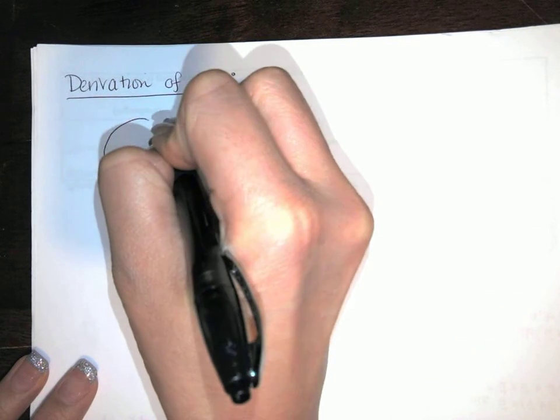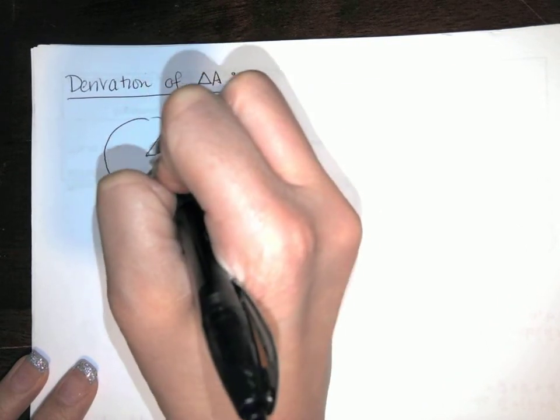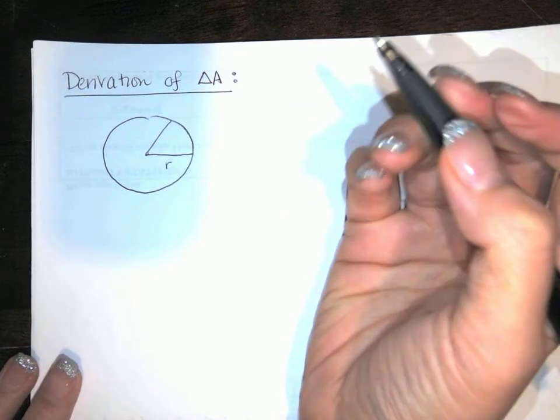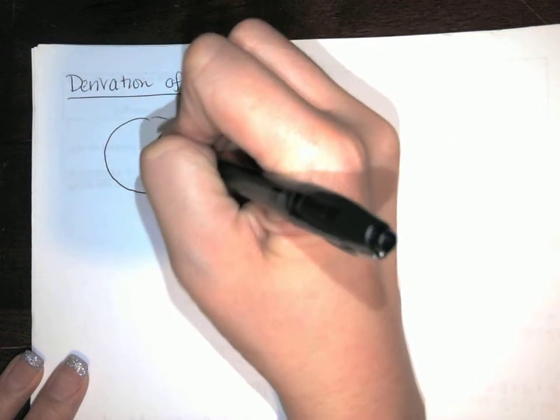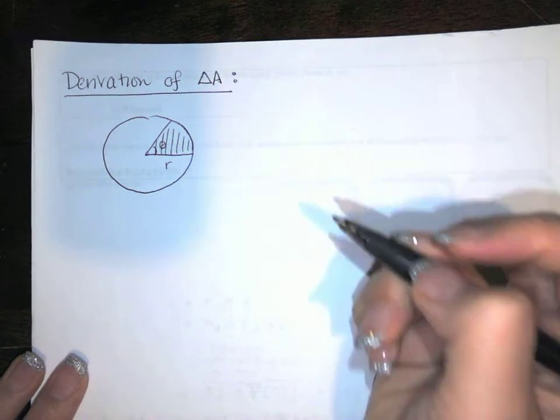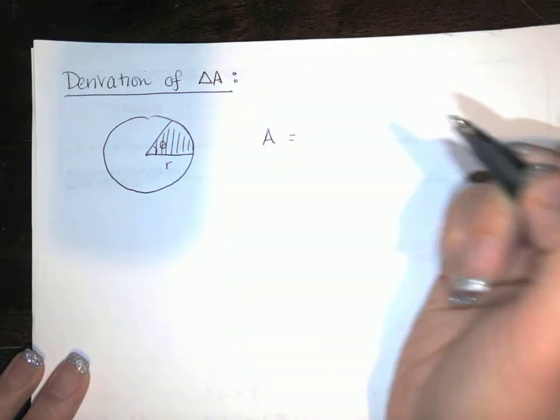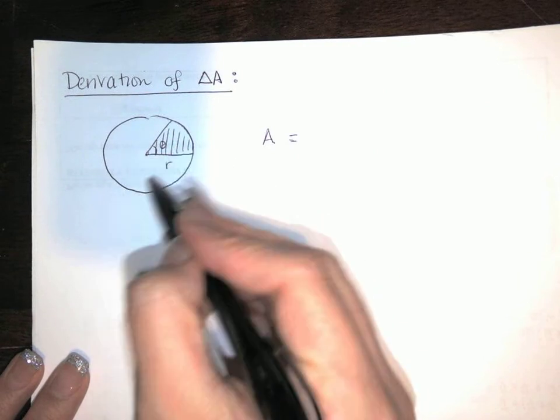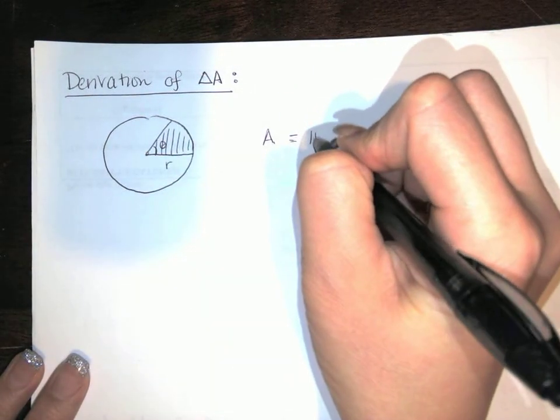So let's say that this is our circle, and we're trying to find the area of this piece, and that's r, and this is theta, and we want the area of that part of the circle. Well, it's a fraction of the total area of the circle, and the total area of the circle is pi r squared.